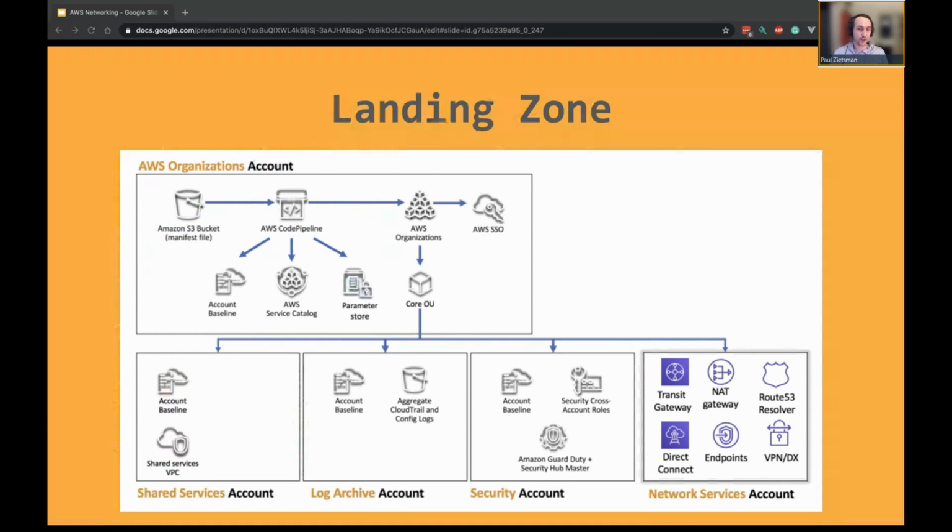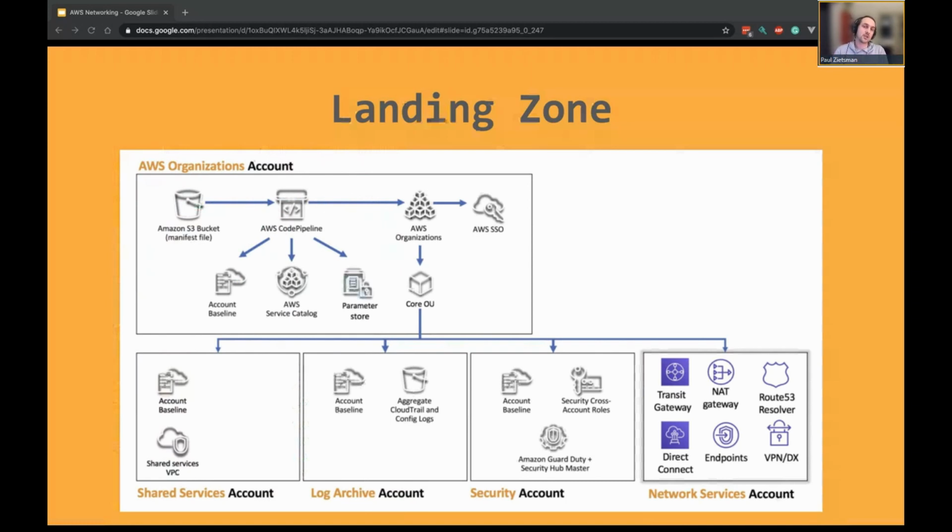We actually did that before. A landing zone was a service that AWS provided, or you can use something like Control Tower. But what it is, it's a structure, a multi-account structure, where certain functions get centralized and certain functions get distributed.